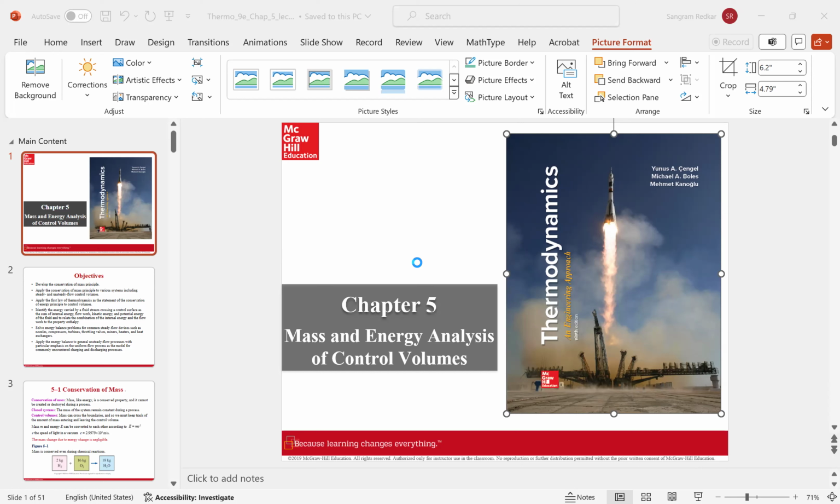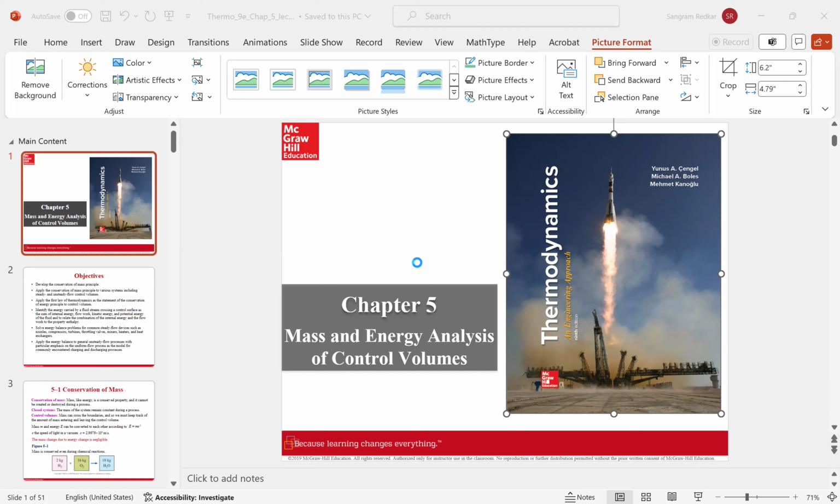Delta E means E2 minus E1, where E2 is the energy at exit and E1 is the energy at inlet. So the first law for a closed system is Q equals W plus delta U. The first law for an open system is Q equals W plus delta E. Delta E stands for the total energy at exit minus total energy at inlet, and that is what that equation talks about.